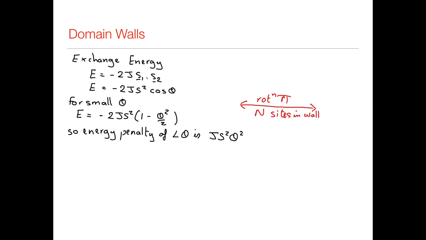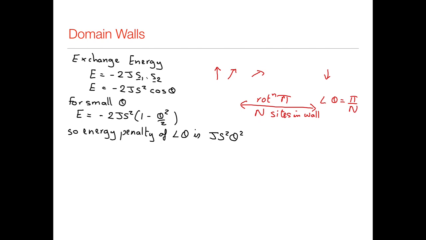If I look face on, I'm going to have my first one like this, my second one a little bit rotated. I'm going to exaggerate this, and we rotate all the way around until we're aligned in the opposite direction. So if this takes n sites and we rotate pi in total, this means that the angle, our theta, will be pi over n.